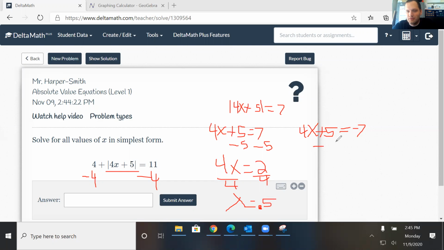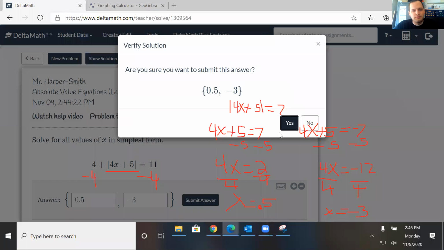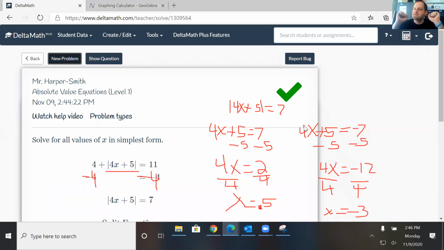Or minus 5, minus 5 gives me 4x equals negative 12. Divide both sides by 4. It gives me x equals negative 3. Well, let's see if those are right. We've got 0.5 comma negative 3. Let's hope we got this right.